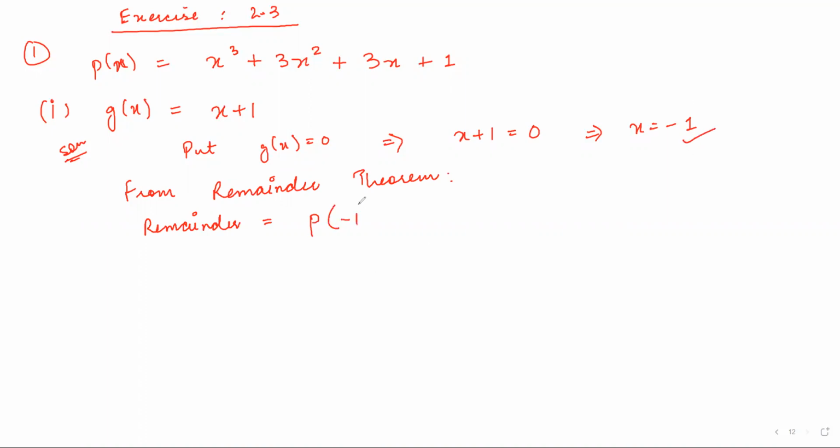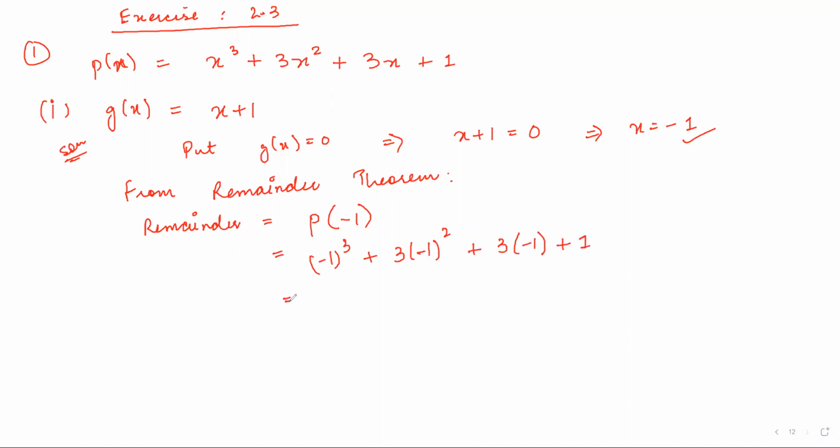Put minus 1 in your polynomial. That is equal to minus 1 whole cube plus 3 into minus 1 whole square plus 3 into minus 1 plus 1.